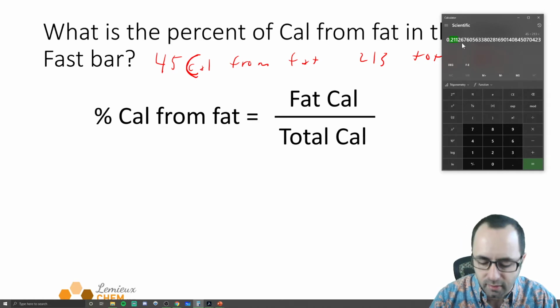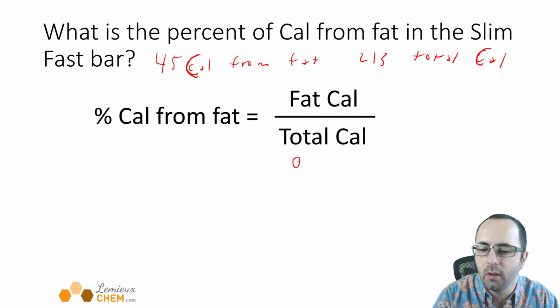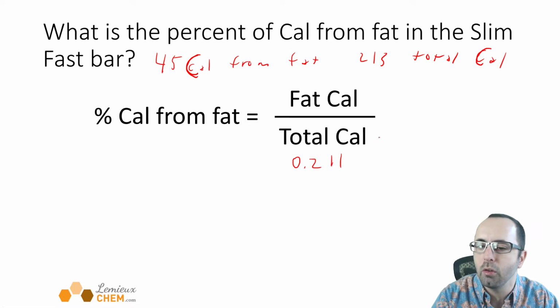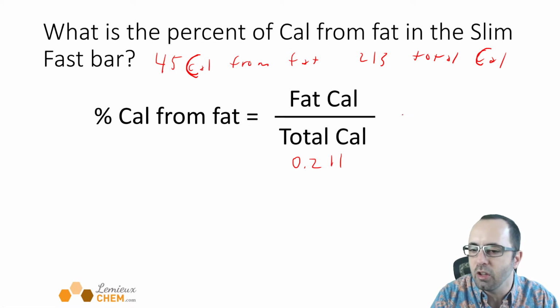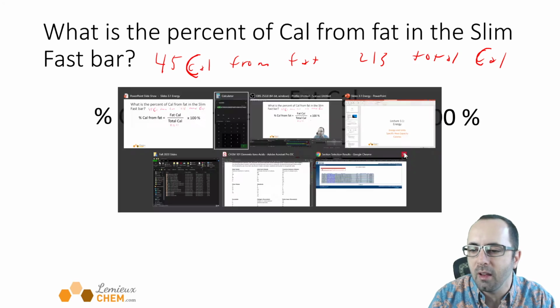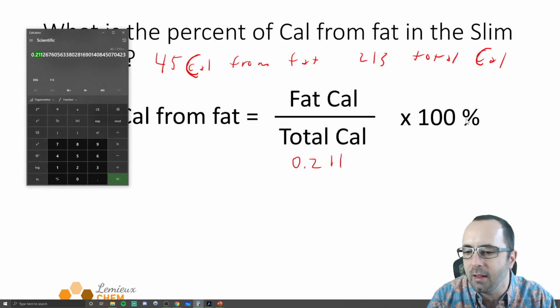This was just an in-between calculation. This was 0.211, but this is not a percentage yet. If we want to make it a percentage, we have to multiply times 100%. So when we multiply times 100%, we treat percent like a unit.